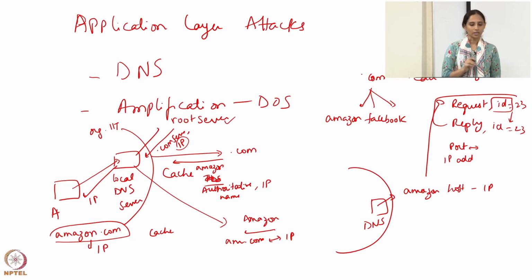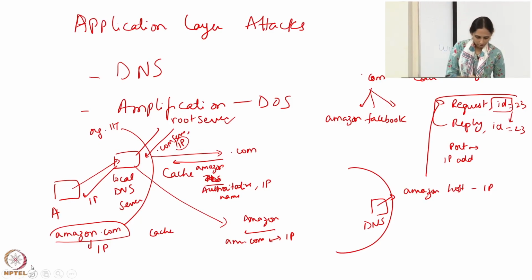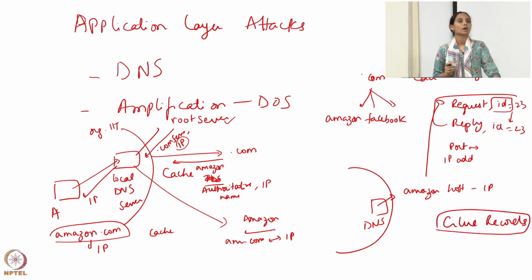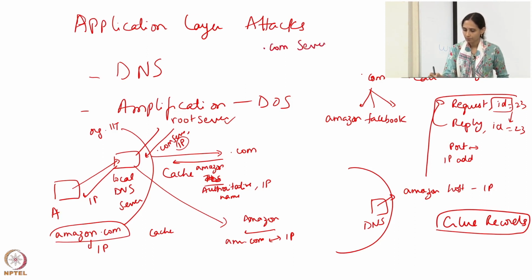One other thing before we cover DNS attacks you should be aware of is something called glue records. Let us take an example where you have contacted the .com server, and your query was: what is the IP address of amazon.com?